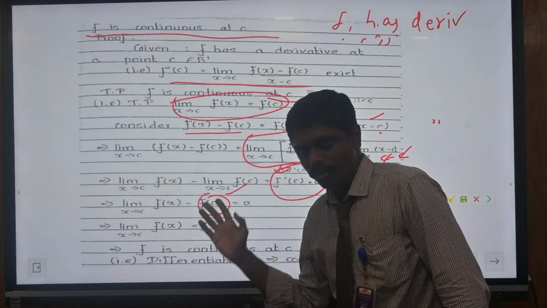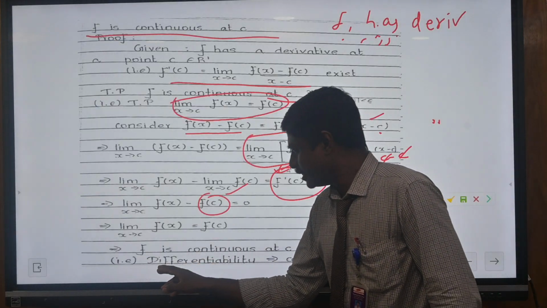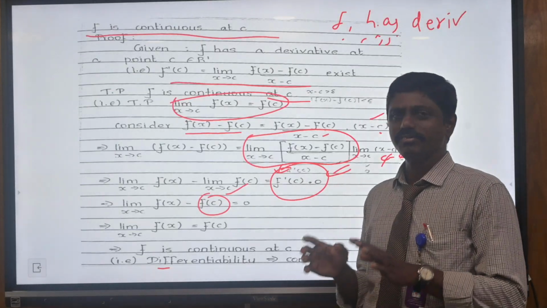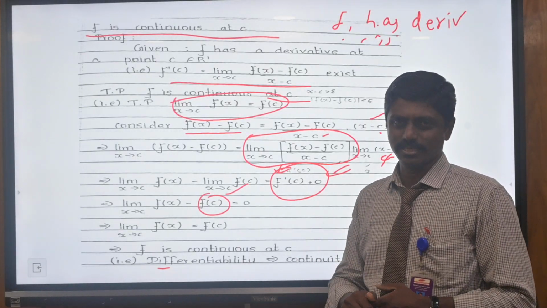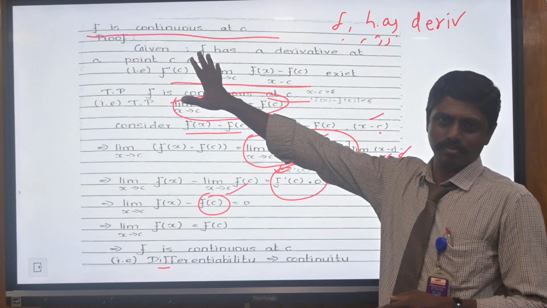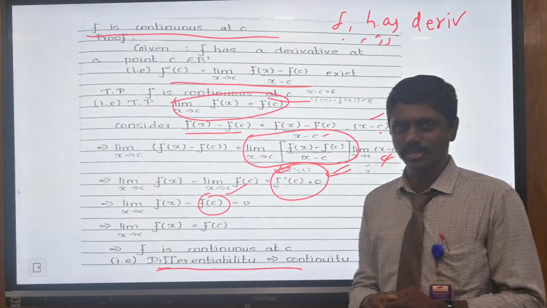So this is the well known result: f is continuous at C. Therefore differentiability gives continuity. Every differentiable function is continuous. What about the converse? The converse need not be true. So in this theorem, what we understand is that differentiability definitely gives continuity.